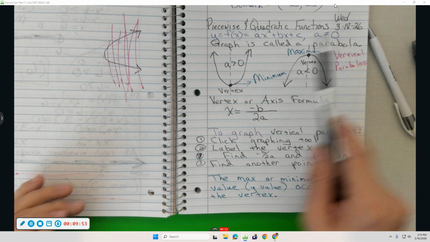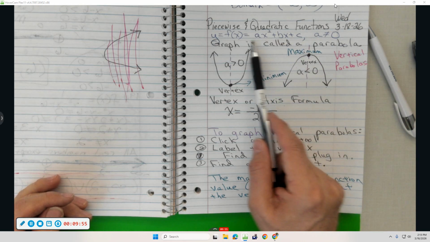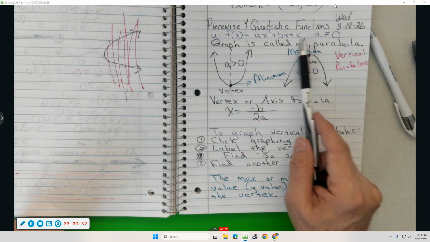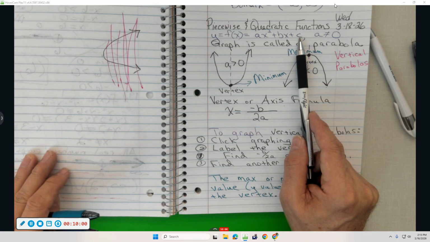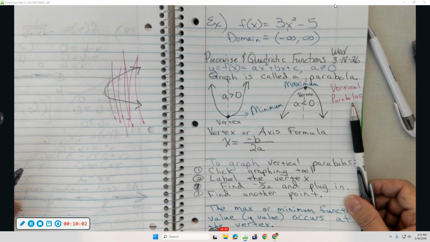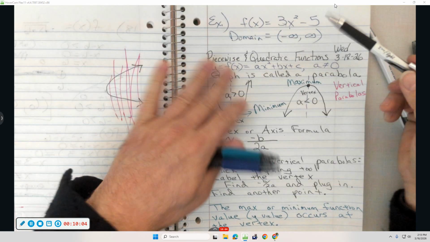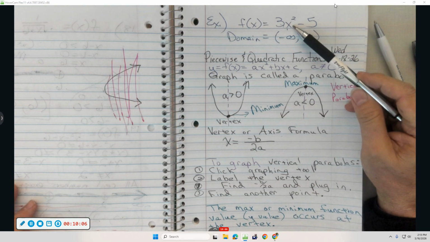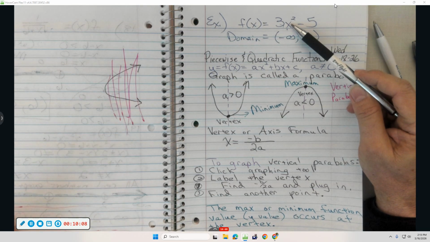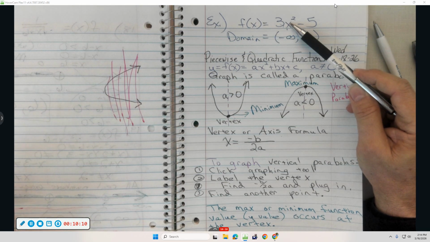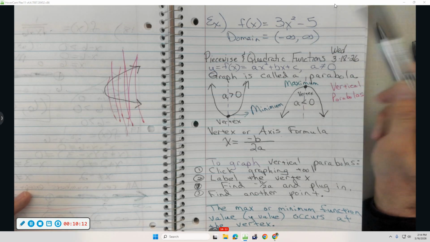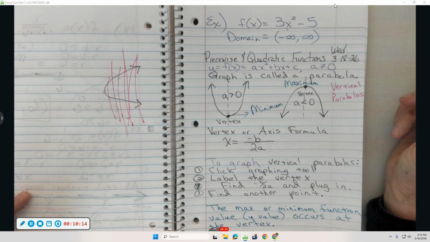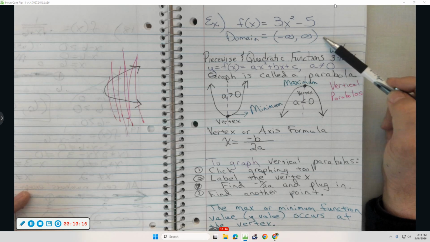When we look at this function, ax squared plus bx plus c, we found domains of functions like that the last time. Wouldn't this be a quadratic function? It has that x squared. What did I say? No square roots, no denominators. What do you assume the domain is? All real numbers.